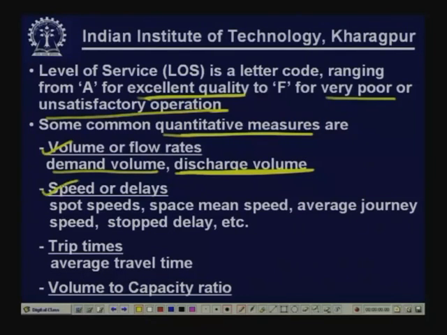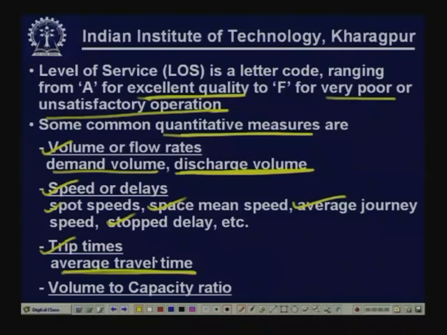Speed or delays: various types of speeds are there, spot speed, space mean speed, average journey speed, stop delays. Many of these terminologies we have already discussed, and we will discuss many again in subsequent lectures. Trip times: it may be the average travel time taken for the trips, which we can use as a measure of effectiveness.